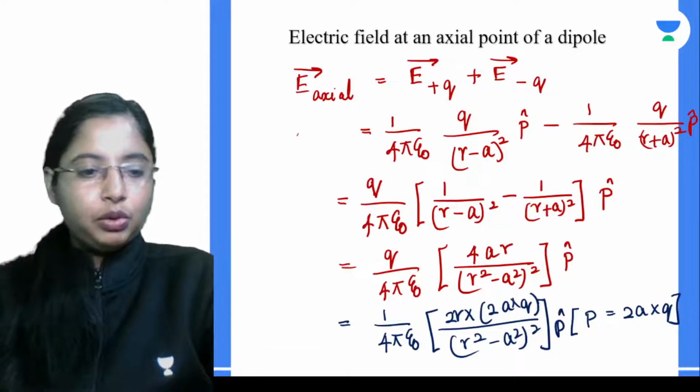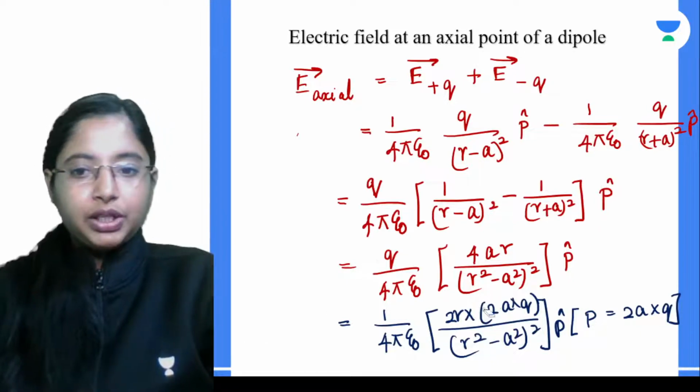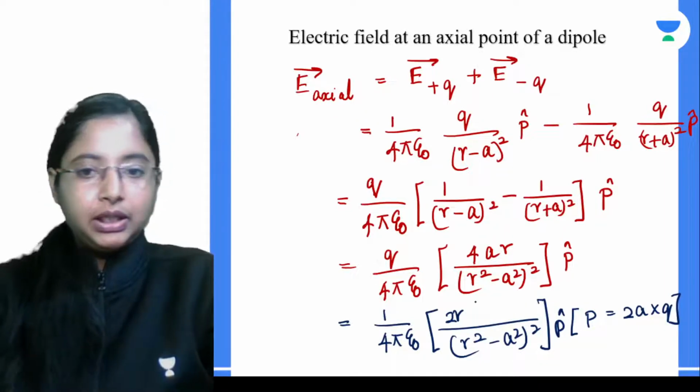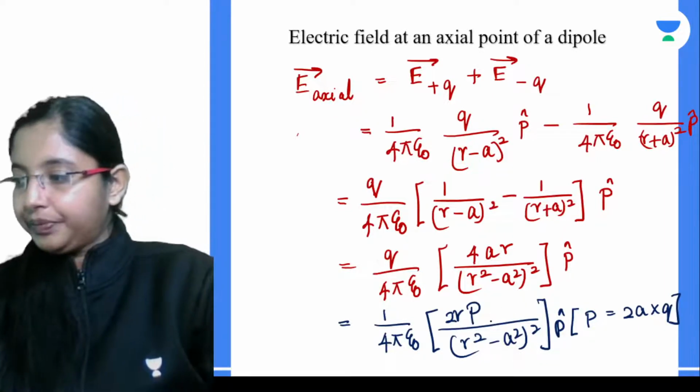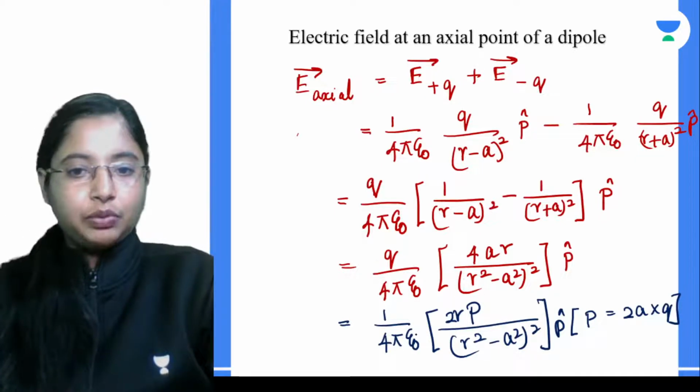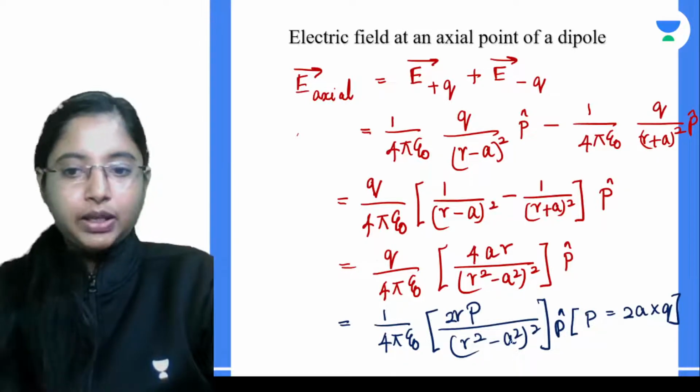Now from here what would happen? This term over here becomes P, which is nothing but the dipole moment. So from here we have one term, that is 1 by 4 pi epsilon naught 2RQ divided by R square minus A square the whole square.